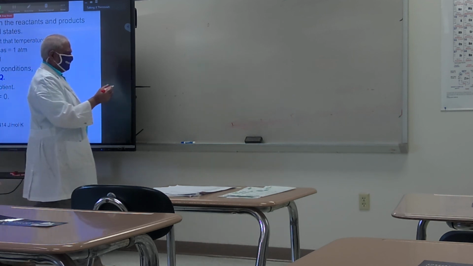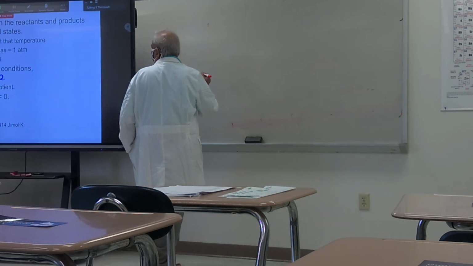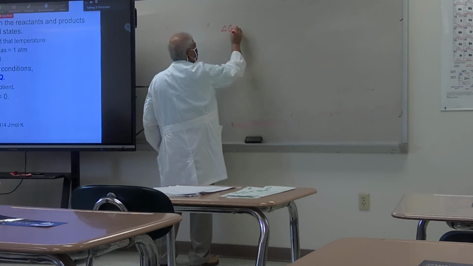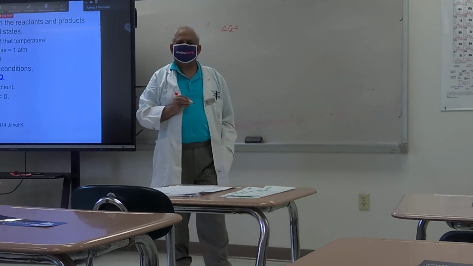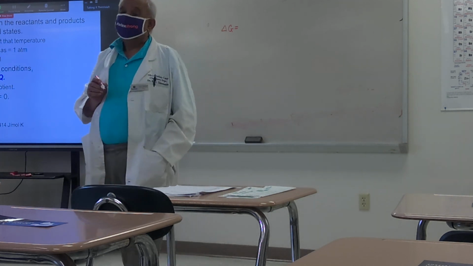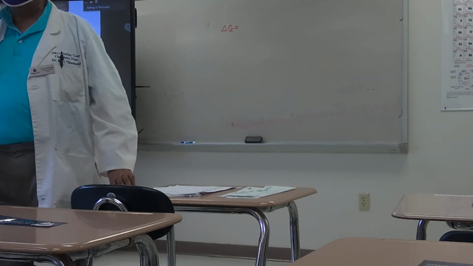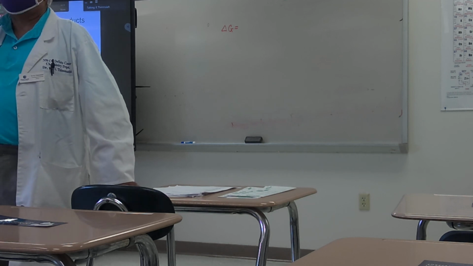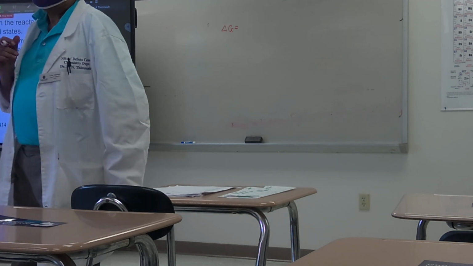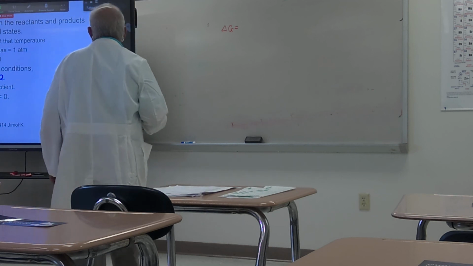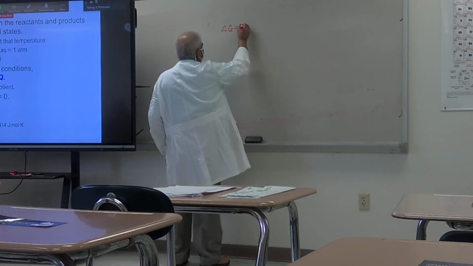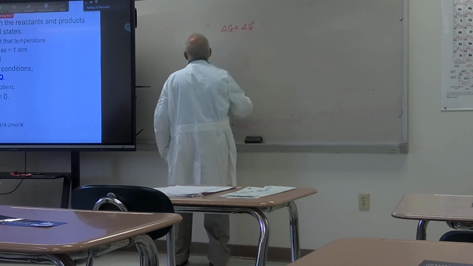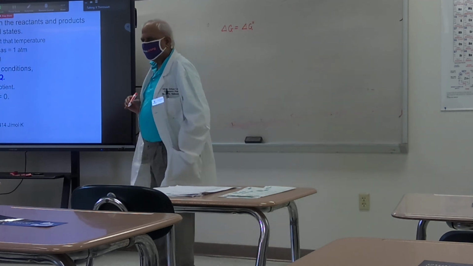So delta G equals, delta G means it is not determined at standard state. The Gibbs free energy change determined at any conditions, like any temperature, any pressure, any concentration, that is delta G. Delta G equals delta G0, the Gibbs free energy change determined at standard state, are you with me?